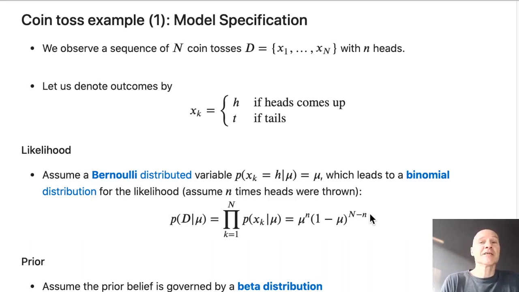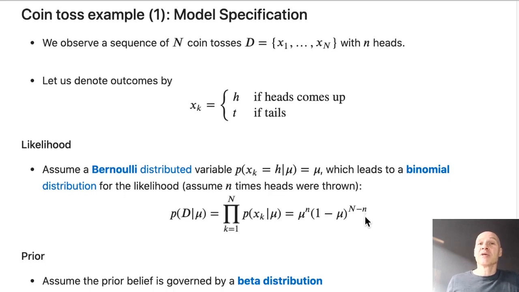So now the data generating distribution has been defined in terms of a parameter, a property of the coin, and of your observations. Your observations are small n and capital N minus n, the number of heads and the number of tails.